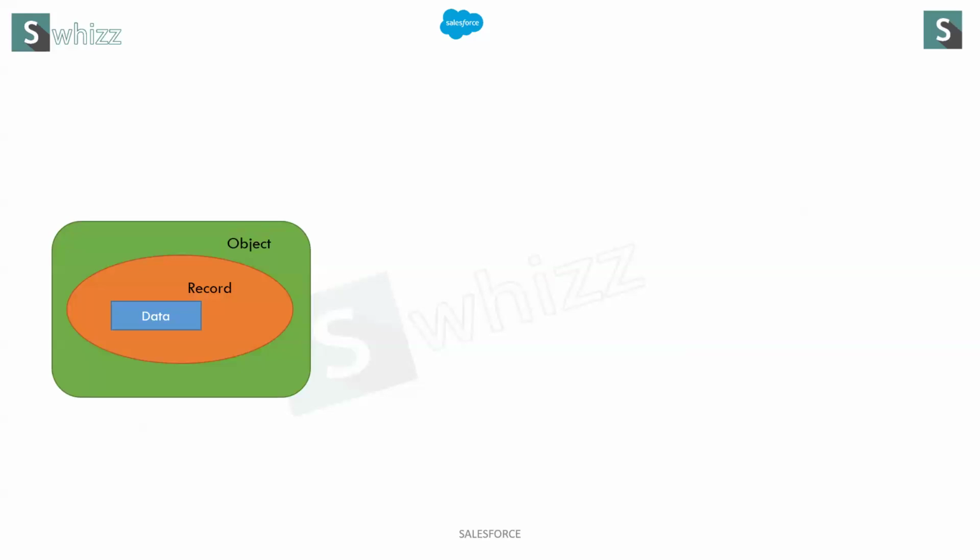So we are creating a record in the lead object. We are creating the data of the lead object. Data is nothing but a record. A record represents a single record, and data represents multiple records. Simple. So a record is nothing but data, and data is nothing but a record.